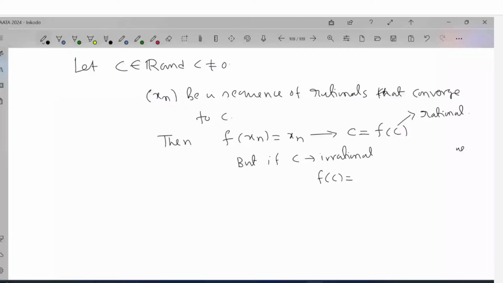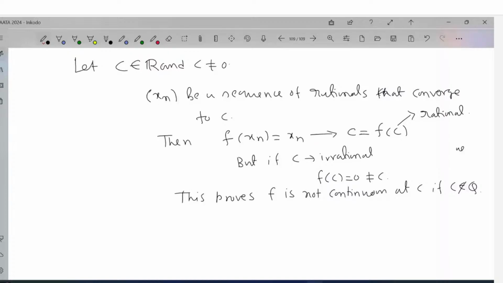So this proves that f is discontinuous if c is irrational. So this proves f is not continuous at c if c is an irrational number.